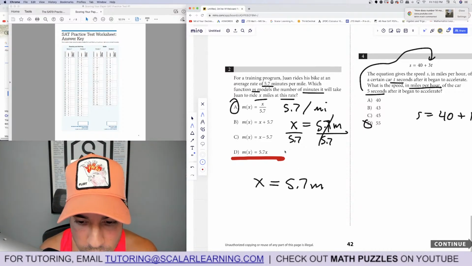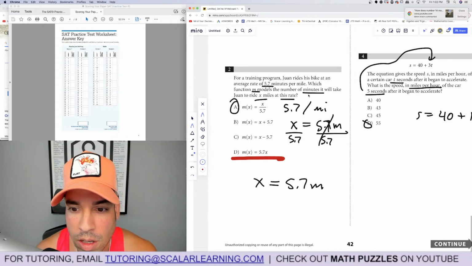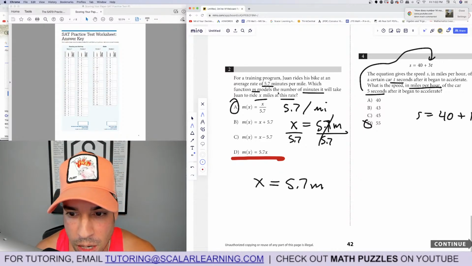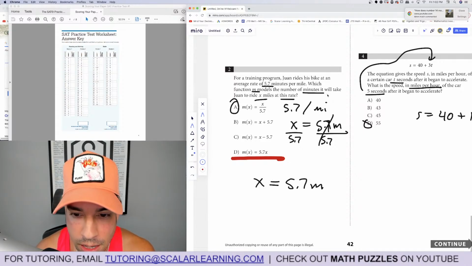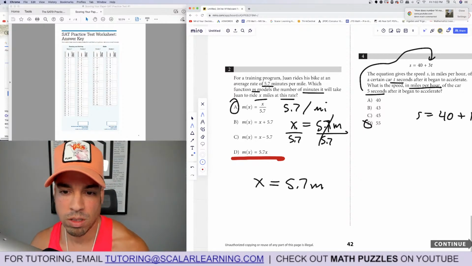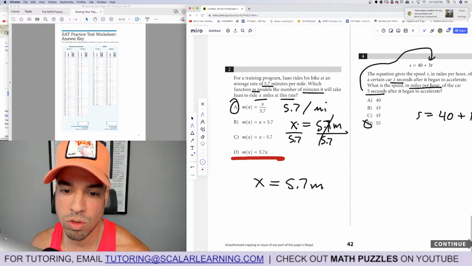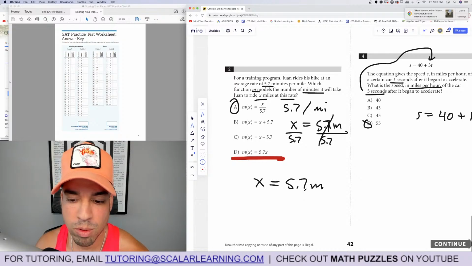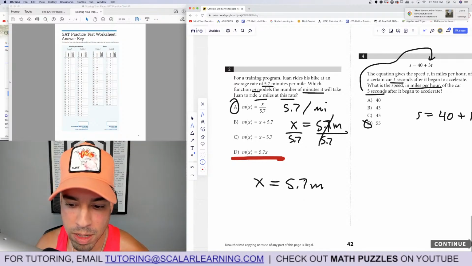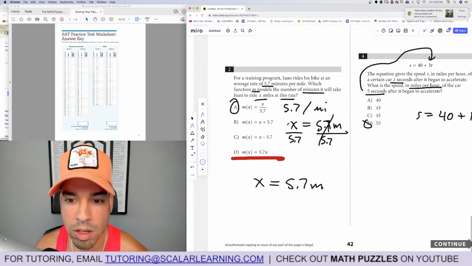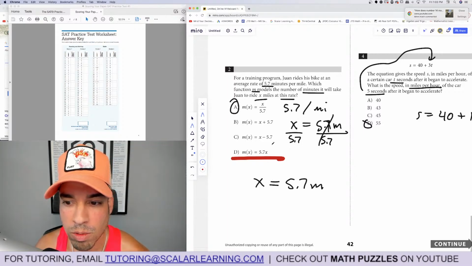D, 5.7x. Which of the following functions models M, the number of minutes it will take for Juan to ride X miles? Number of minutes. Wait a minute. Oh, 5.7 minutes. How did I do this wrong? 5.7 miles per minute times the number of minutes equals X. What's the number of minutes it will take?